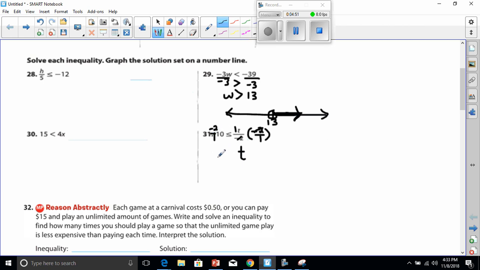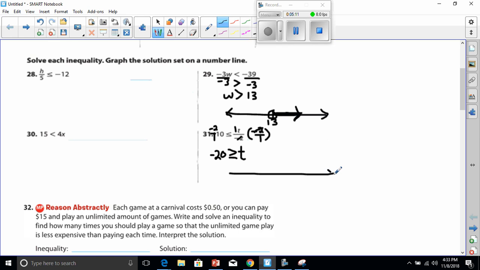And that's going to give me a -20. Now remember, we multiplied by a -2. That means I have to turn my symbol around. And negative 20 is greater than t.